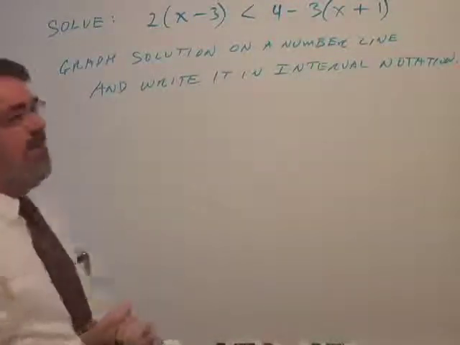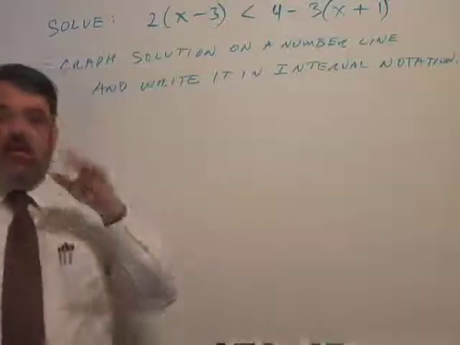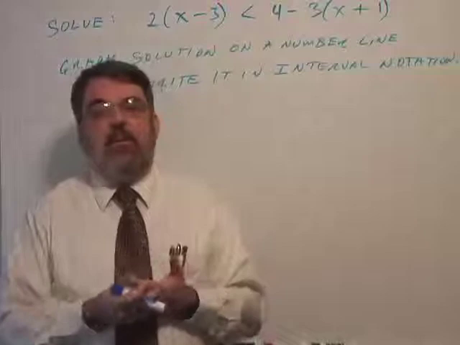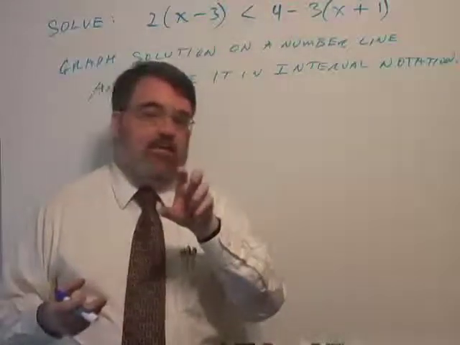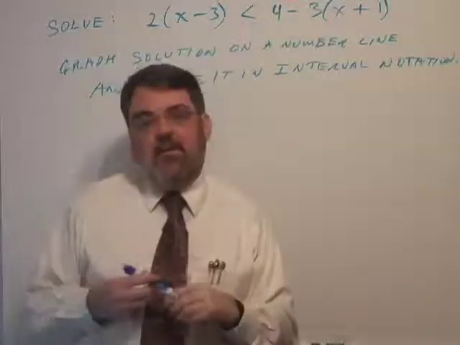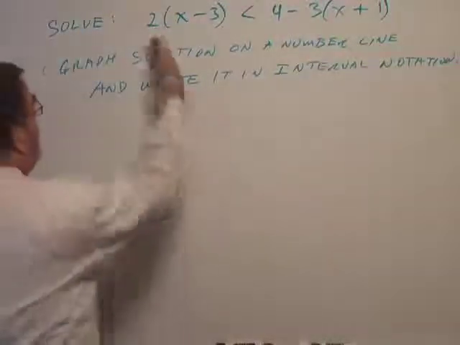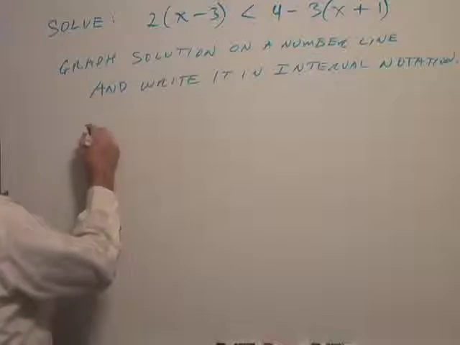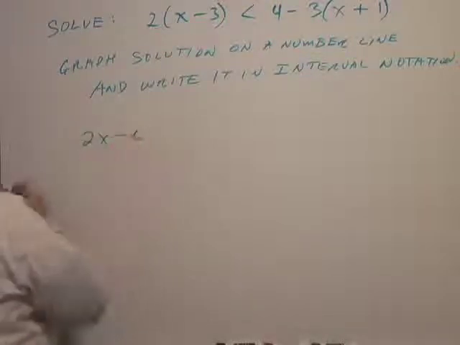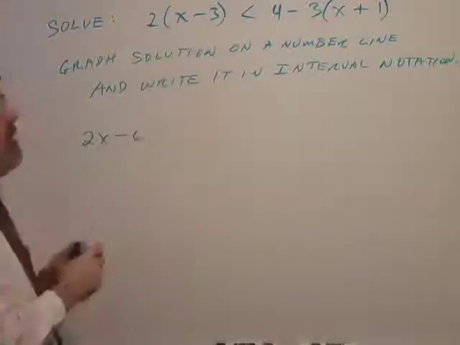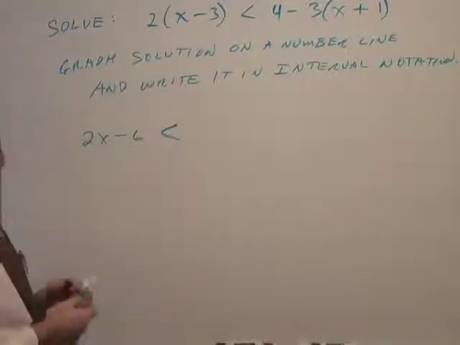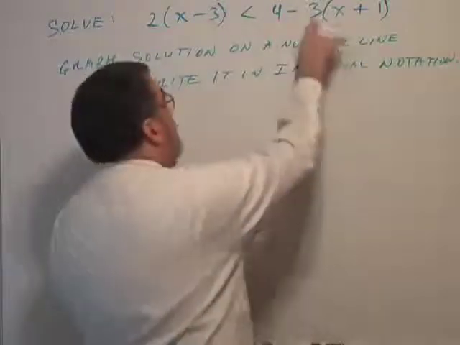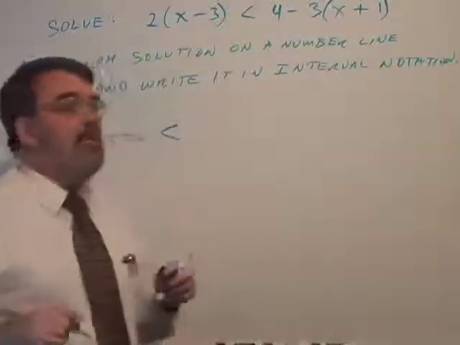All right, now to solve it, as we've seen, inequalities solve just like regular ordinary equations. The only thing we have to be alert to are those situations where you change the inequality symbol. So my first step is going to be to distribute. I have 2x minus 6, the 2 multiplies both terms, less than, and here do we do 4 minus 3 first, or do we multiply 3 inside the parentheses?